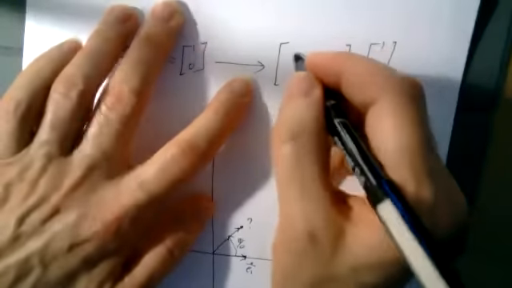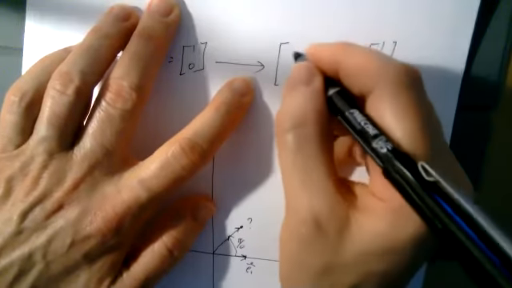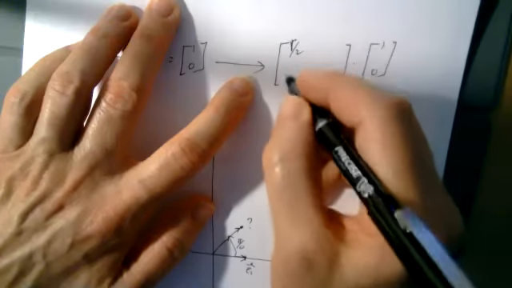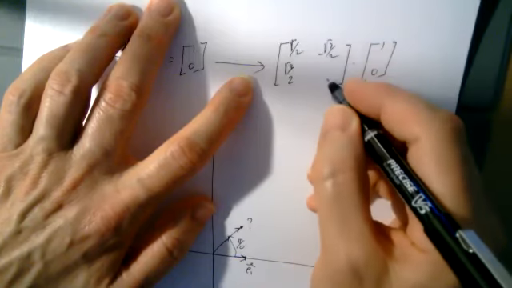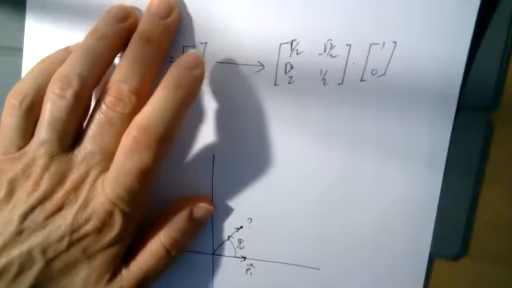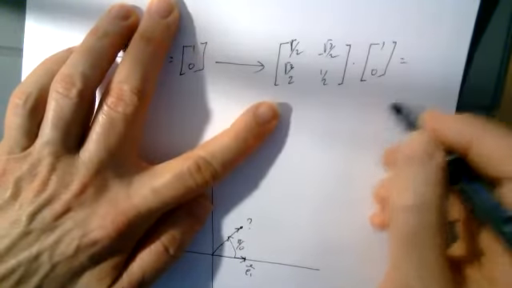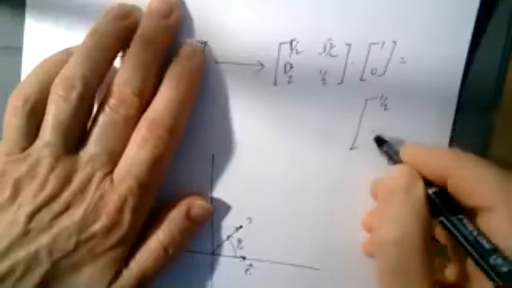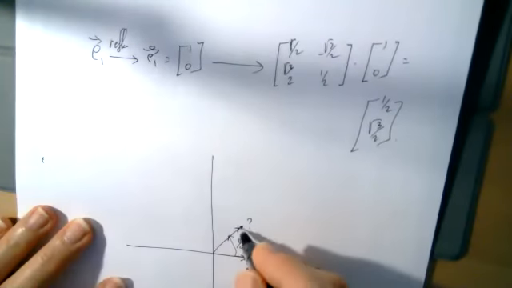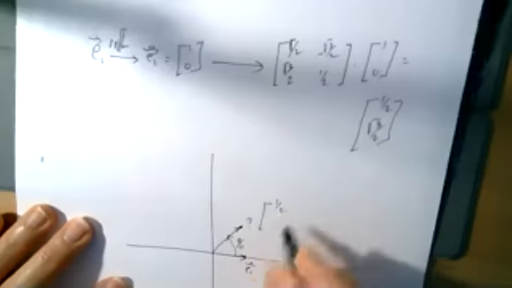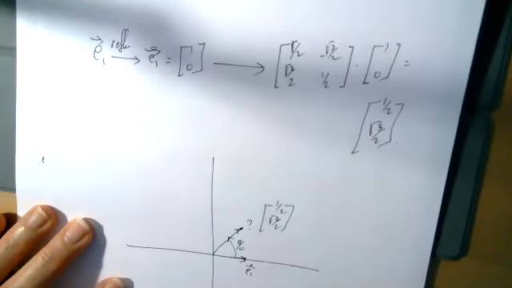So after I rotate it, this is gonna go to here. The rotation matrix, which we found a minute ago, is square root of 3 over 2, minus 1/2, 1/2, square root of 3 over 2, times (1, 0). So this is gonna go to (square root of 3 over 2, 1/2). So my E1 is gonna go to (square root of 3 over 2, 1/2).